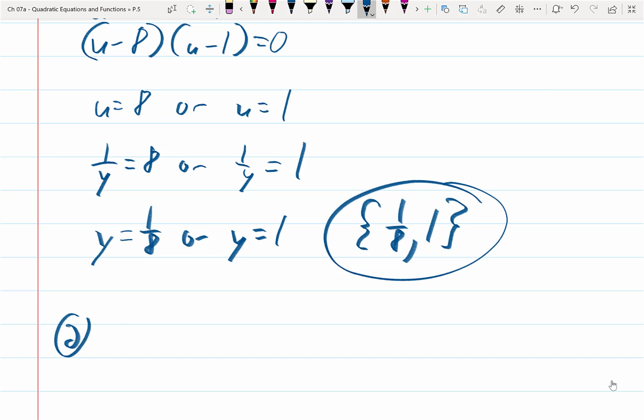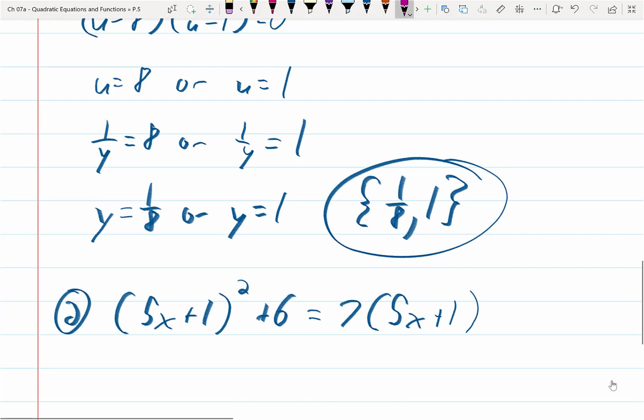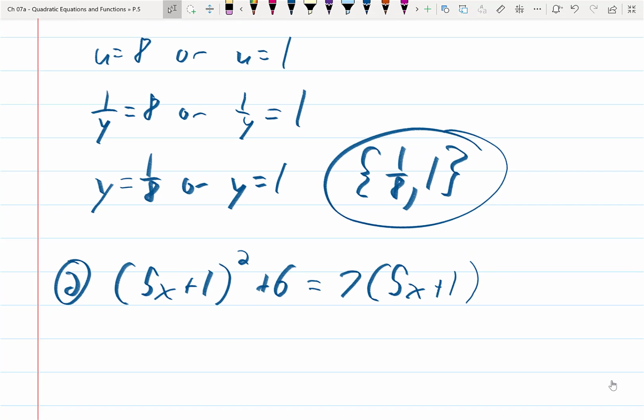Okay, number 2. 5x plus 1 squared plus 6 equals 7 times 5x plus 1. Sometimes these U-substitutions are more optional, but I still think they make the problem easier when you spot it. You're less likely to make a mistake. So if I were to ask you to do a substitution on this one, what would you let u be equal to? 5x plus 1.